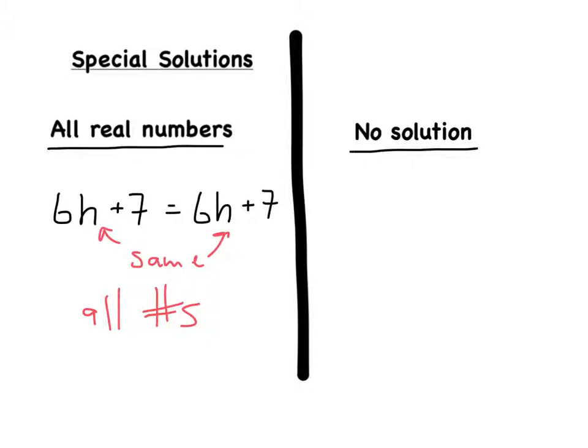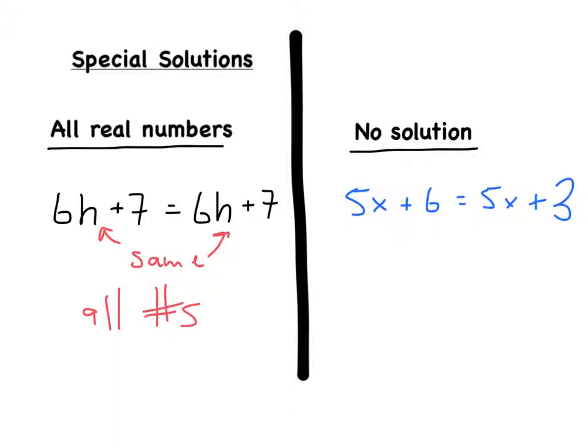So if we look on the other side of the line, we have where it's no solution. For an example, if we have 5x plus 6, and then we have 5x plus 3. We can't simplify this down any further, so you can't plug any number in to x where these two are going to be equal.